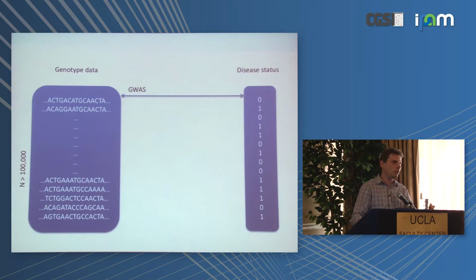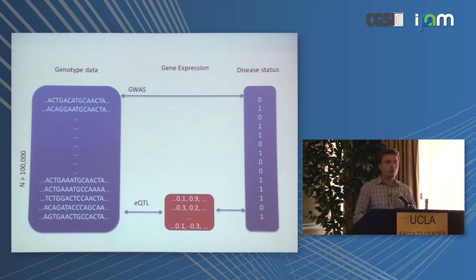Now, if you want to do the same thing but looking at gene expression, well, you have a problem, right? These sample sizes are usually much, much smaller than in GWAS. If you associate genetic variation with gene expression, that's usually referred to as eQTLs, but you can also associate gene expression to disease status directly. The issue is that people don't really do that because these sample sizes are orders of magnitude smaller than GWAS sample sizes.